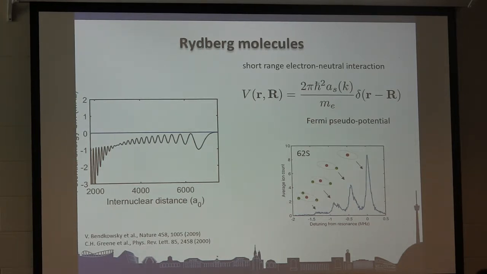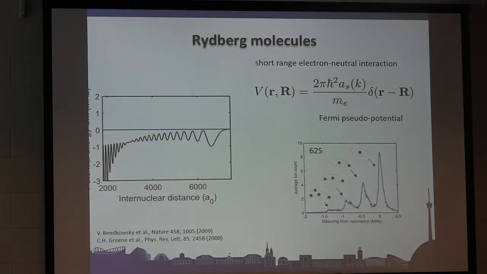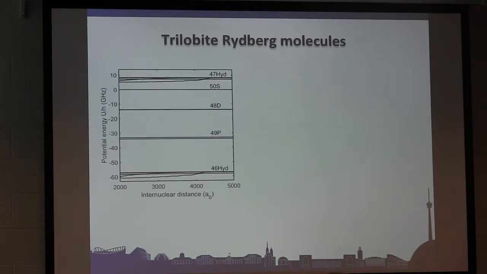And we can see not only dimer Rydberg molecules, but also trimer or tetramer. These are the standard S-type Rydberg molecules. But if you do not concentrate on this S state, and include all the other states as well, it looks the following.